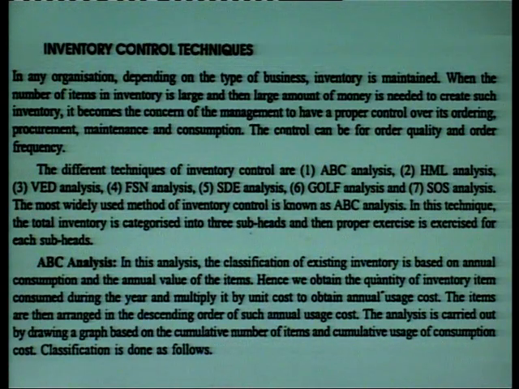The control can be for order quantity and order frequency. Order quantity is the quantity which you desire from a manufacturer, and the frequency is the lead time, that is how many times you give an order.